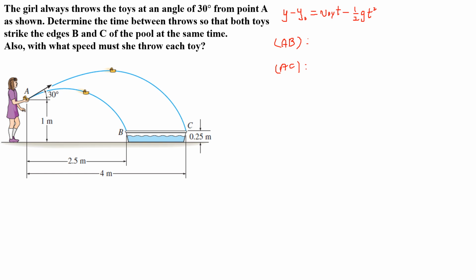Between A and B, the initial height is 1, and for B the final height is 0.25.